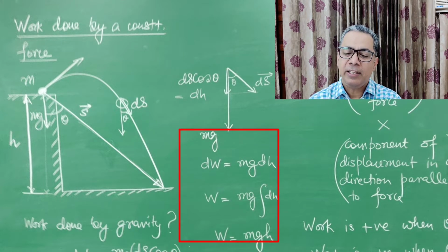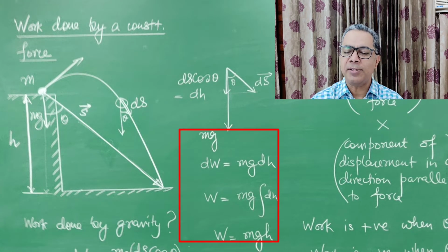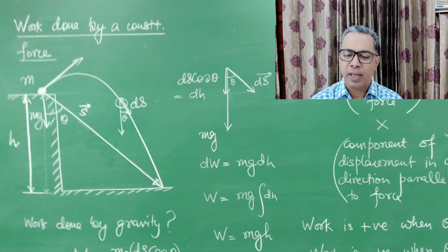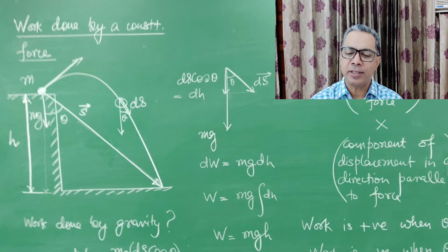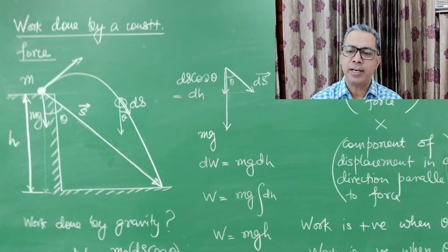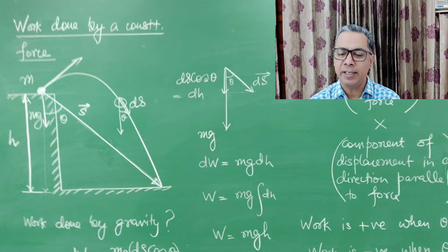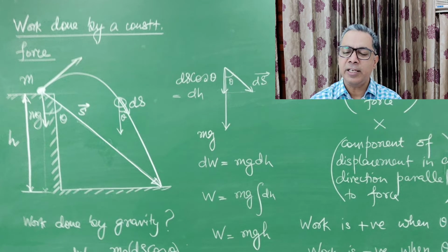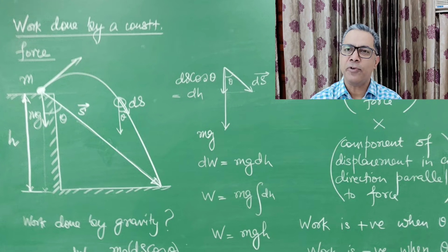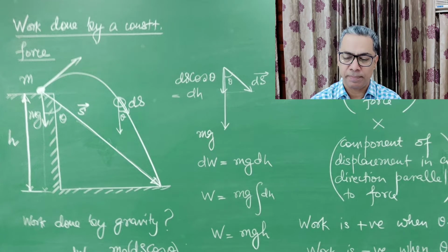Then the work dW comes out as mg dh, and when we integrate mg dh, mg is constant so it comes out of the integral, dh integrated gives us h, and therefore the work done comes out mgh.